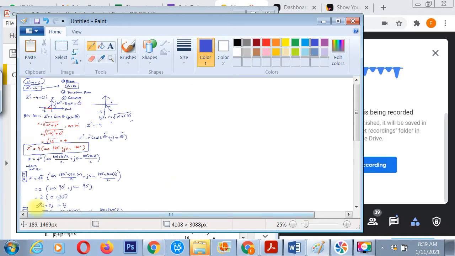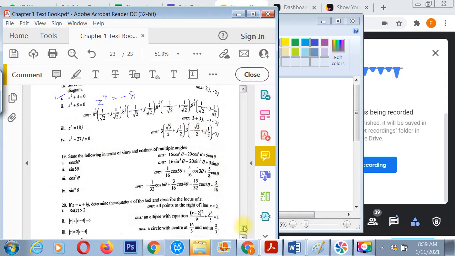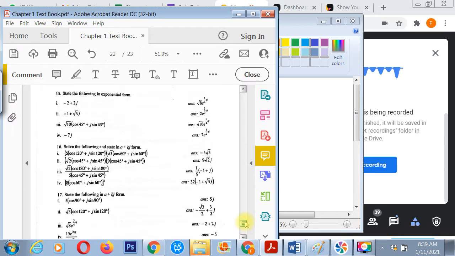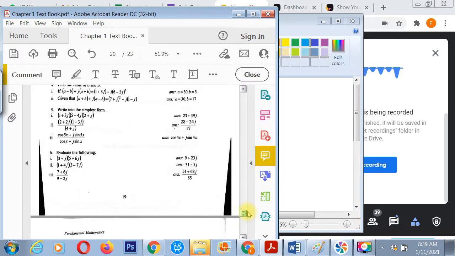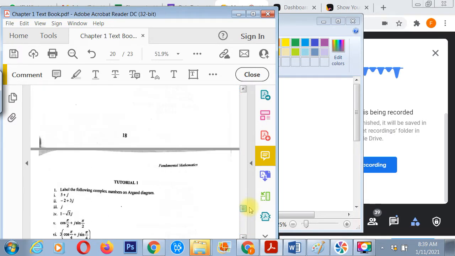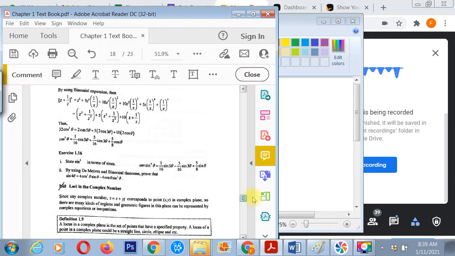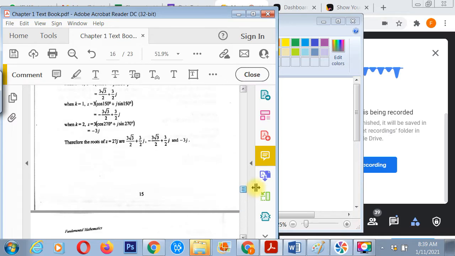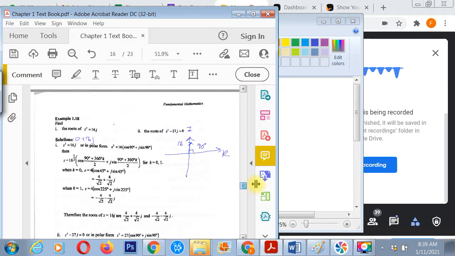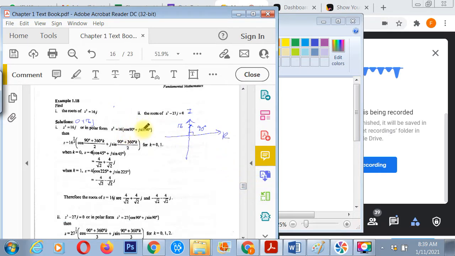No, that's not correct, because if we just put z only, your drawing will be different, because you will get i. So once your drawing is wrong, you get the wrong answer. So you just follow the steps here.